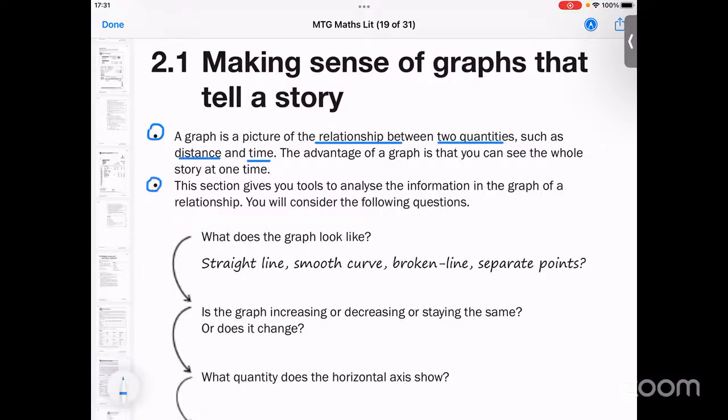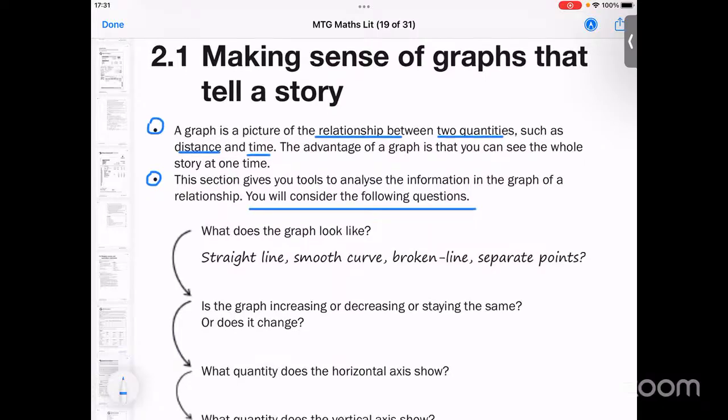So now, very quickly, let's jump onto that second bullet where it says, this section gives you tools to analyze the information in the graph of a relationship. So the section gives you tools to analyze the information in the graph of a relationship. Okay, so this is what you will consider. You will consider the following questions.